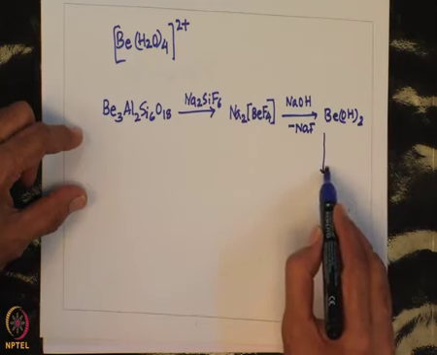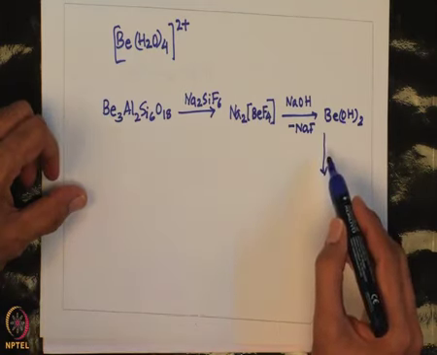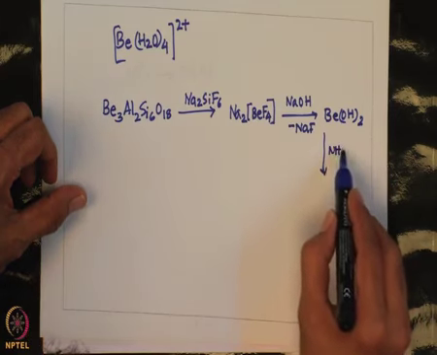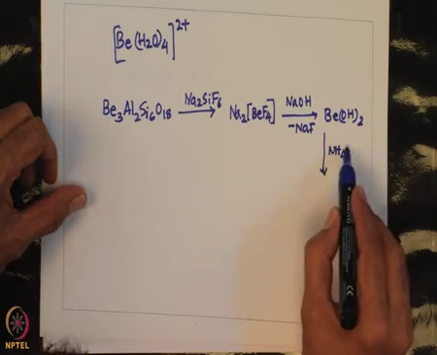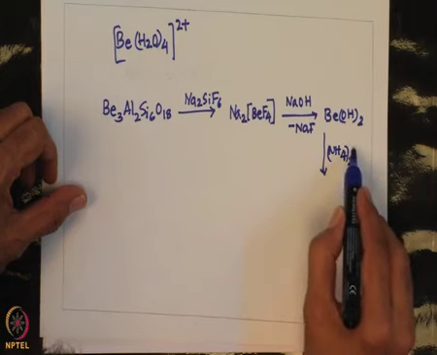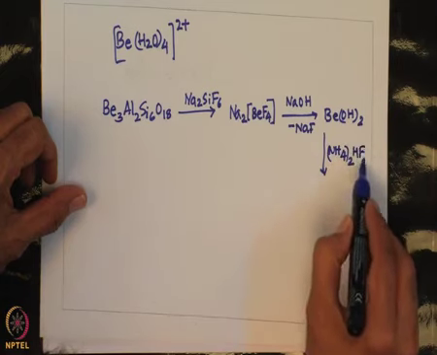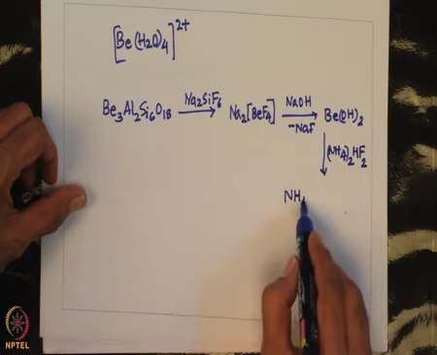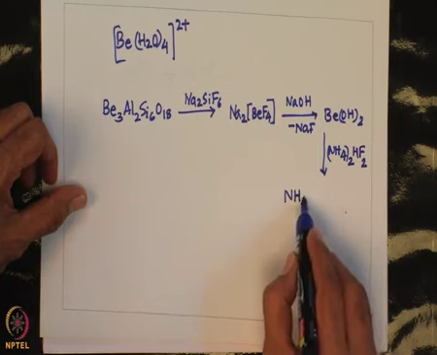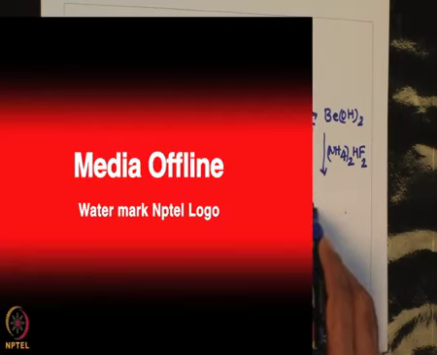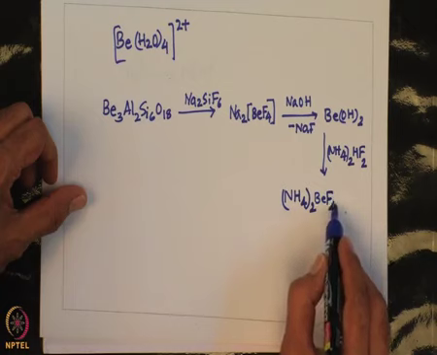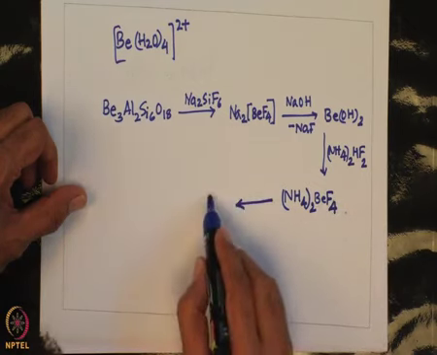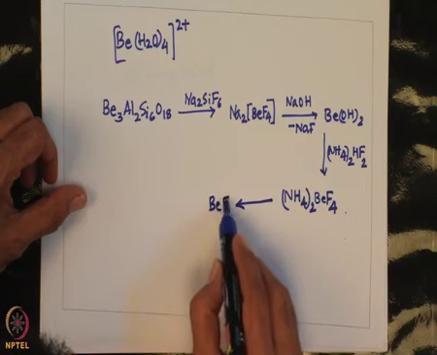Beryllium hydroxide, when treated with ammonium hydrogen difluoride, a very strong fluorinating agent, it forms (NH4)2BeF4, from which one can get BeF2 simply by heating.